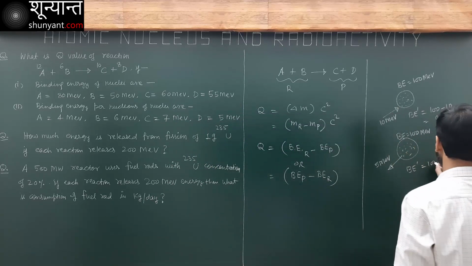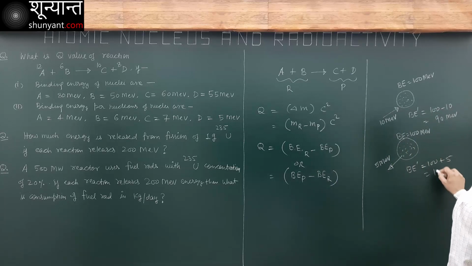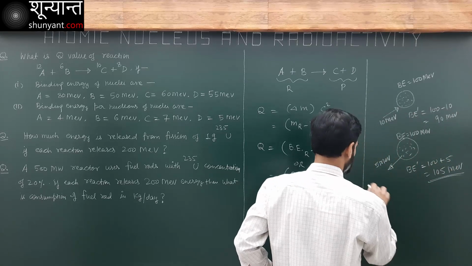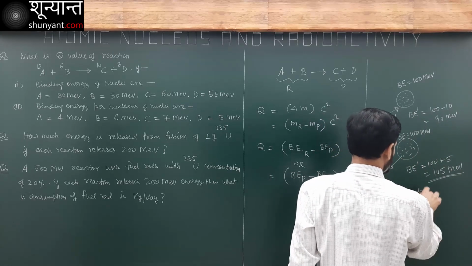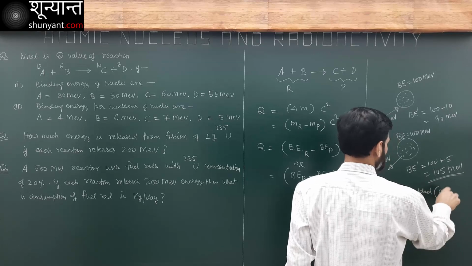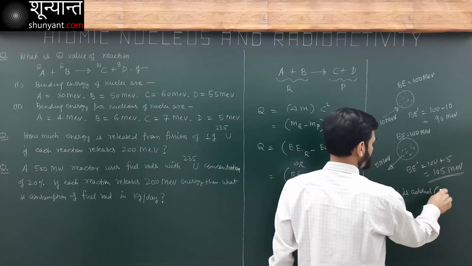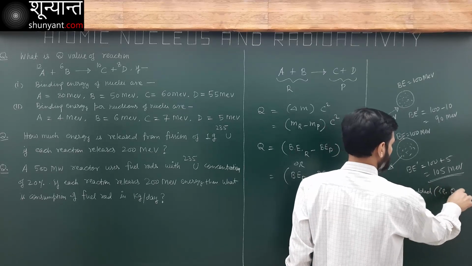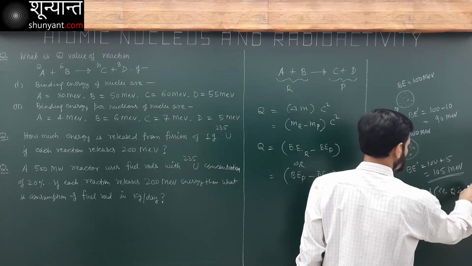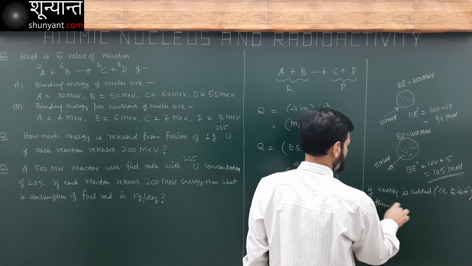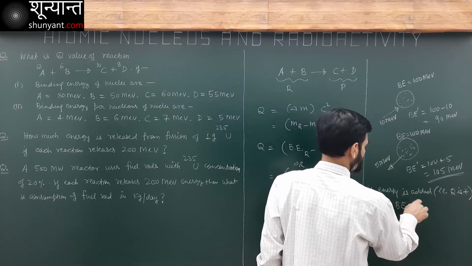It is going to be equal to 100 plus 5, which is 105 MeV. This is something that you have to remember. If energy is added, that means Q is positive, then binding energy decreases.